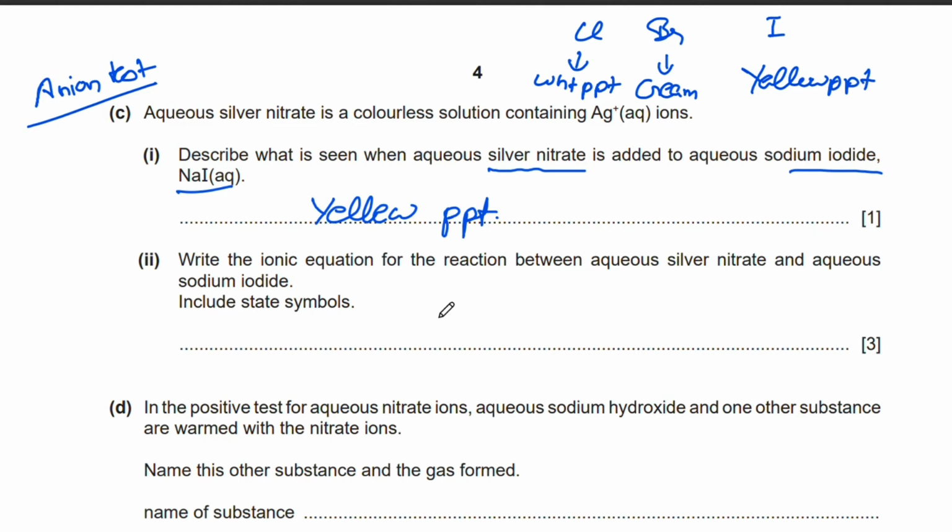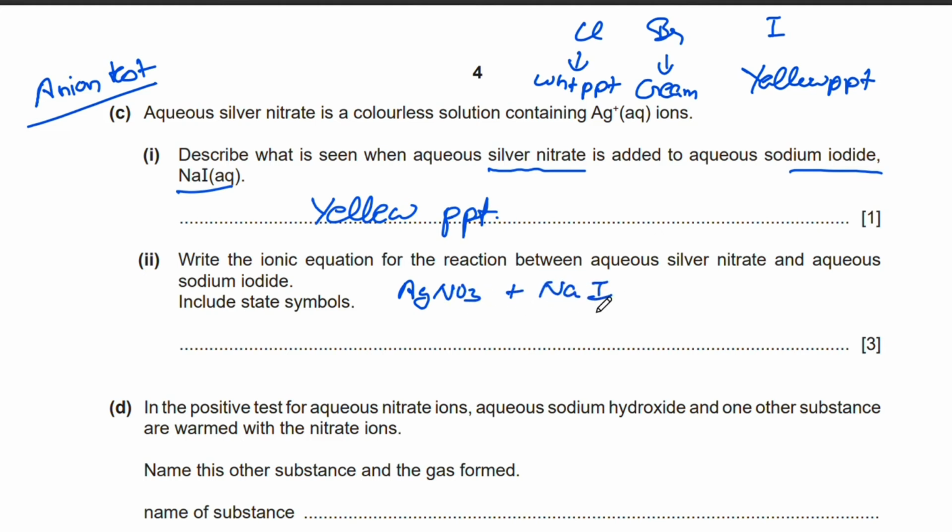Write the ionic equation for the reaction between aqueous silver nitrate and aqueous sodium iodide. Include state symbols. The reaction is basically between AgNO3, silver nitrate, plus sodium iodide.